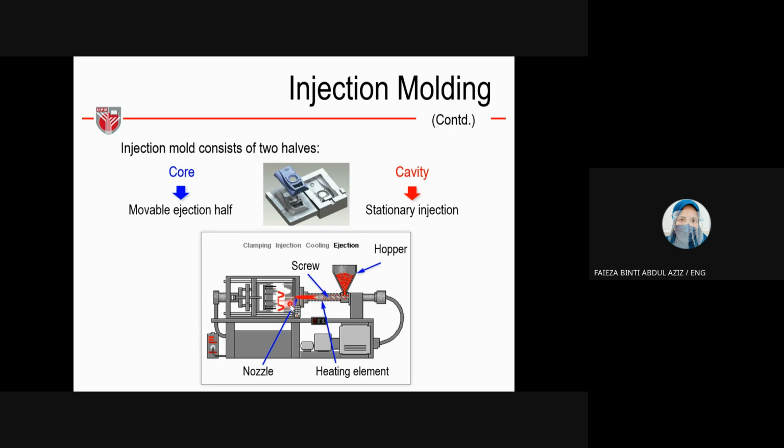The parts we put at the bottom here. This is the nozzle, and this is the heating element to make sure that the materials melt before we inject into the die, into the mold.